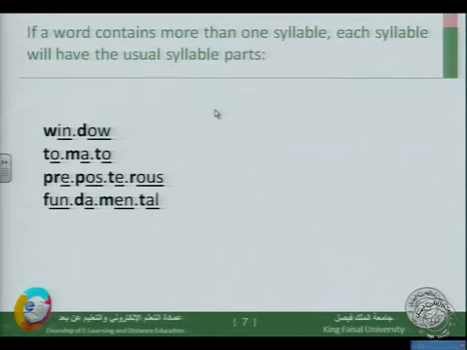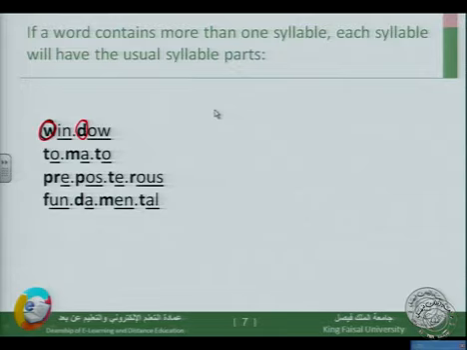If a word contains more than one syllable, each syllable will usually have the usual syllable parts. For example, we have when, do. How many syllables? Two syllables. When, do. This is the onset. Here we write onset. This is the first syllable; in the second syllable we have another onset.